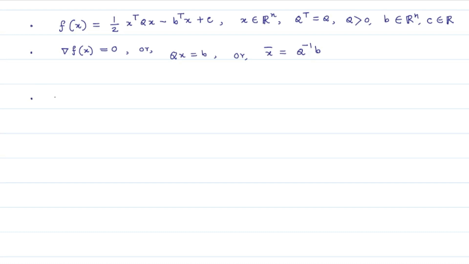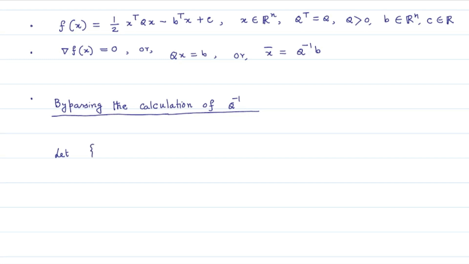To do so, we consider a set of n many q conjugate directions. Let's suppose these n many q conjugate directions given to us are the set d naught, d1 till dn minus 1.